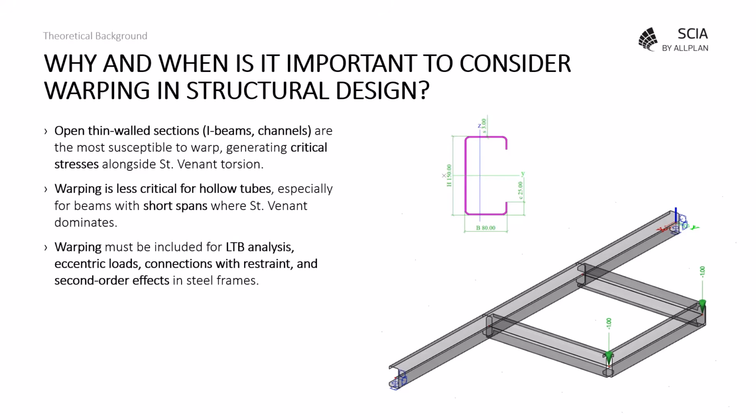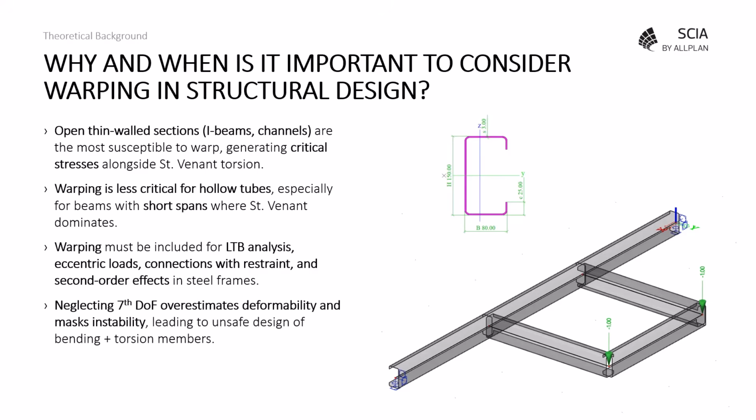And warping must be included for lateral torsional buckling analysis when we have eccentric loads, connections with restraint, and of course second-order effects in steel frames, for example. And neglecting 7th degree of freedom overestimates deformability and masks instability, leading to unsafe design of bending plus torsion members.